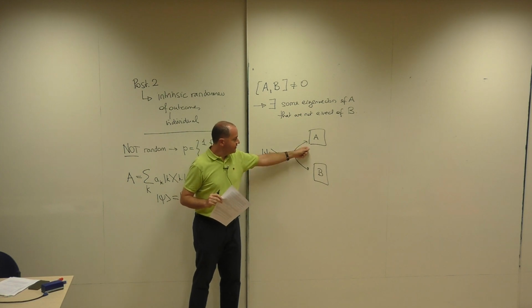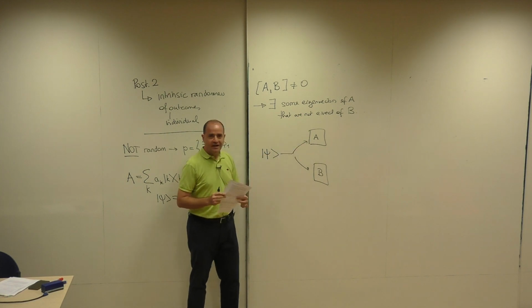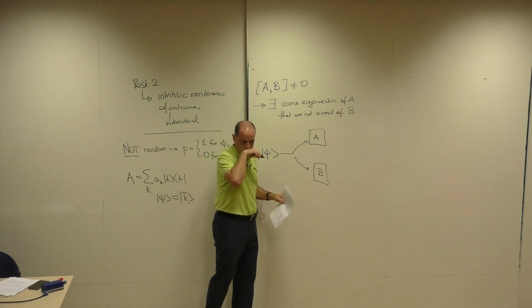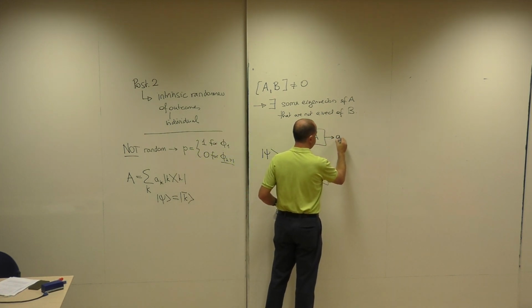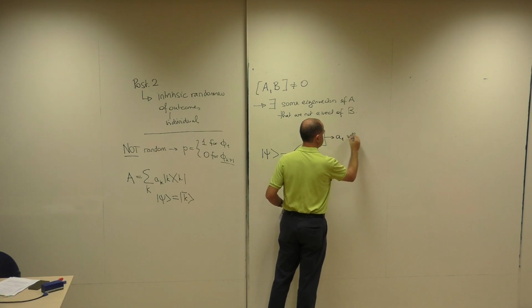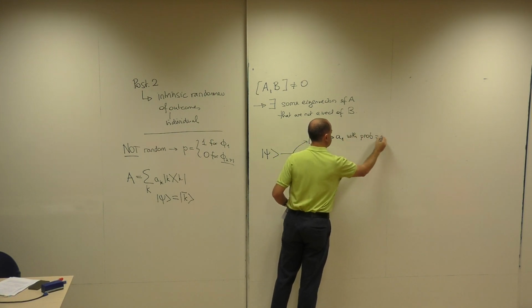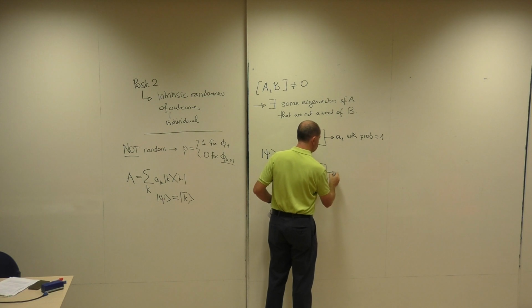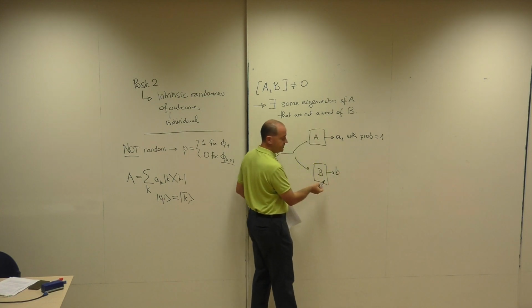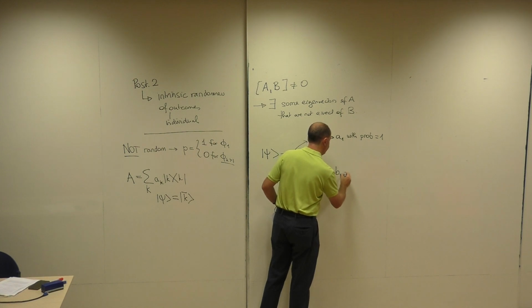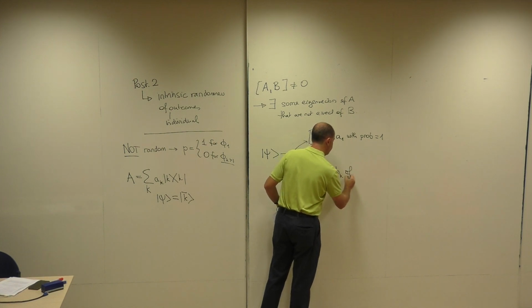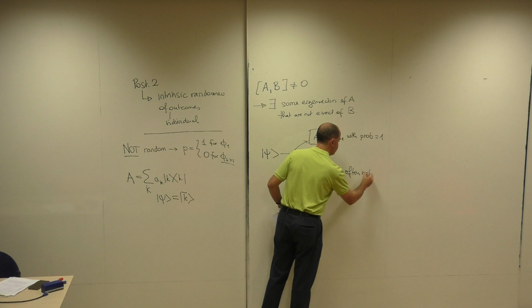Let's assume, for the sake of the argument, that A is certain. The outcome of B may be not certain. Usually, often not certain.